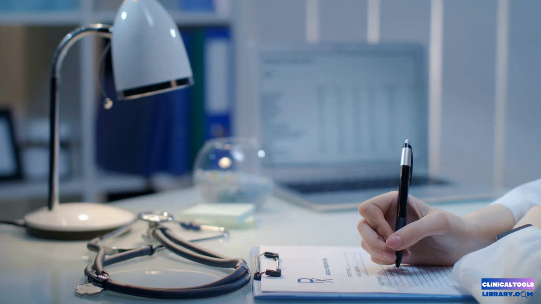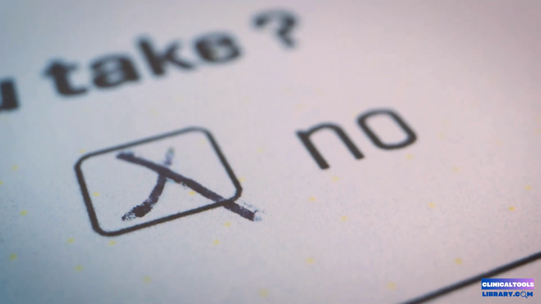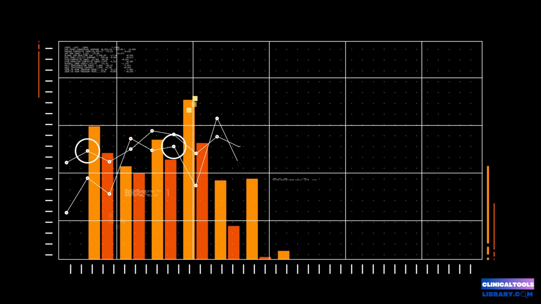Studies indicate that the Patient Global Impression of Change demonstrates sensitivity values ranging from 0.70 to 0.85, and specificity values from 0.60 to 0.75, depending on the clinical population and comparison standard used.